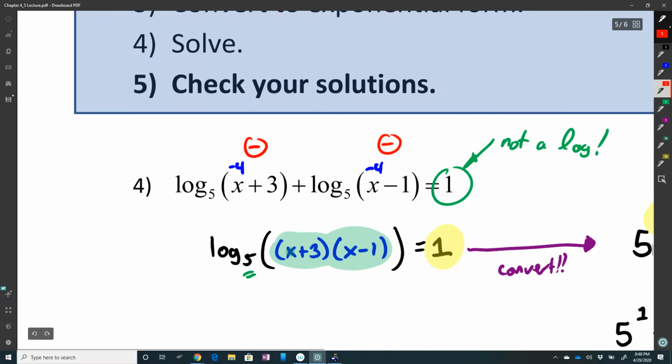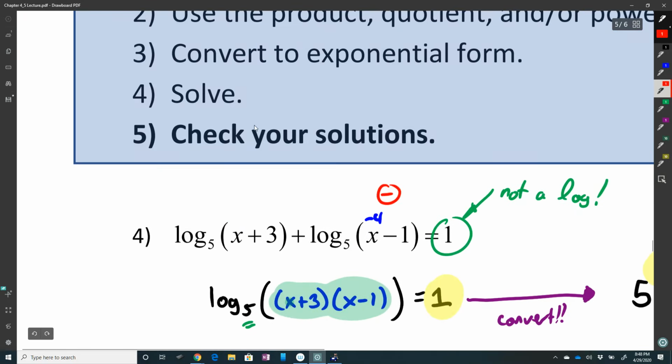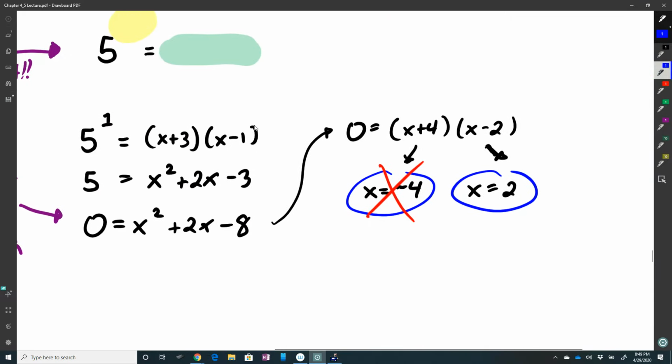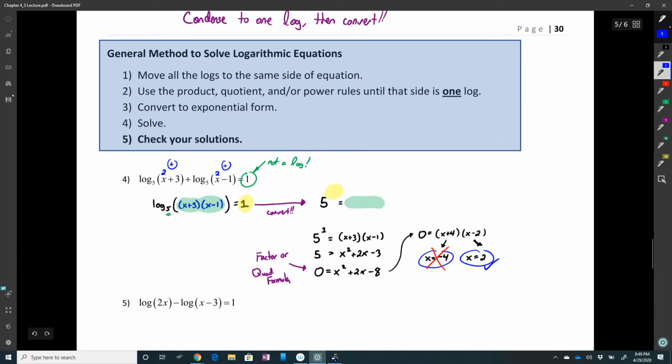Now I try the 2. 2 plus 3, 2 minus 1. Notice that that's positive, positive, everything's positive. And so 2 is my solution. So I only have one answer here. It's 2. Yay! So notice it's not too bad. It's kind of happy.